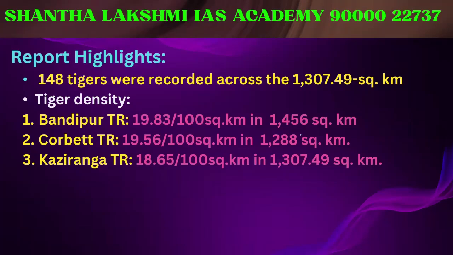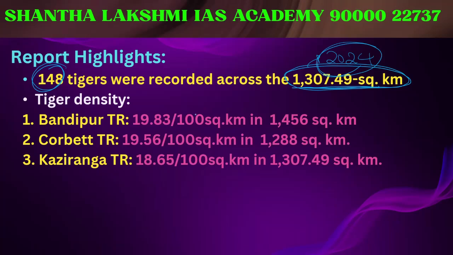So what the report has said: 148 tigers were recorded across this 1307.49 square kilometer area of the Kaziranga Tiger Reserve in 2024. And coming to the tiger density, that means the number of tigers living per 100 square kilometers. That is the density, right?